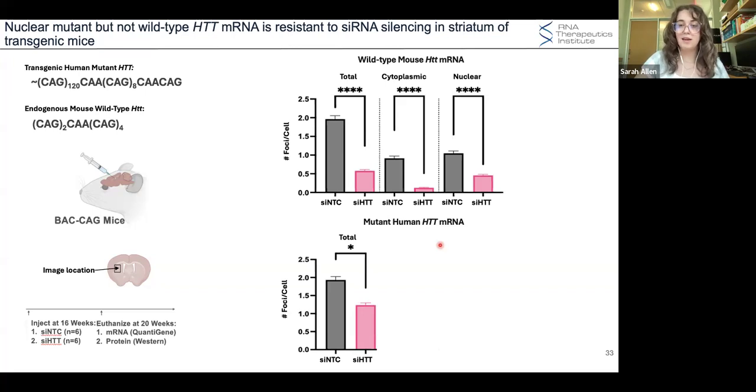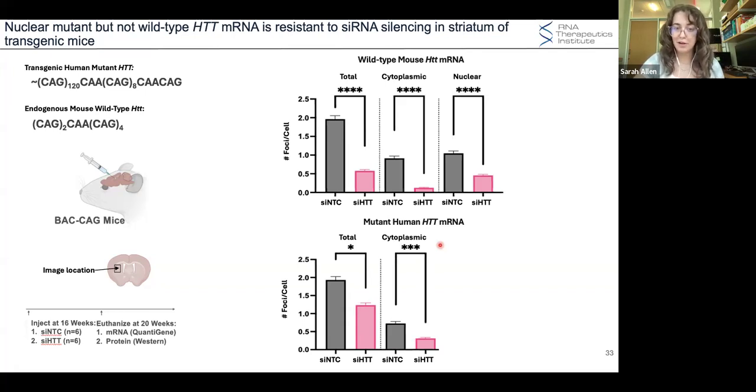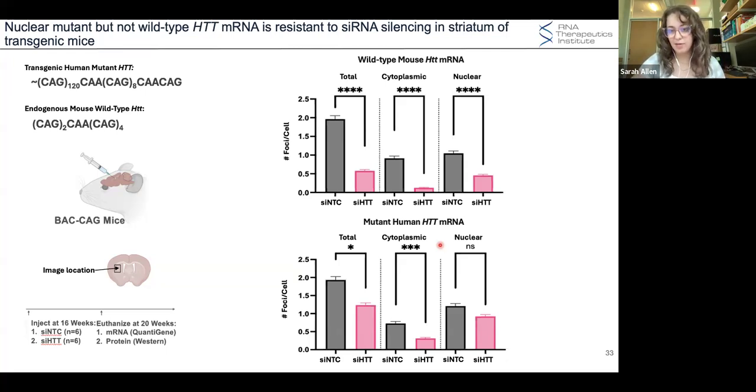We also see significant silencing of the mutant human Huntingtin mRNA, though to a lesser degree overall than the mouse mRNA. We see a significant reduction of the cytoplasmic transcripts, but we see no significant silencing of the nuclear human Huntingtin mRNA. There's some lowering, but it does not reach significance.